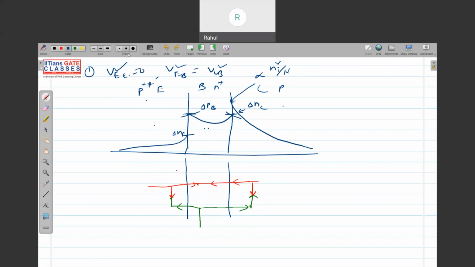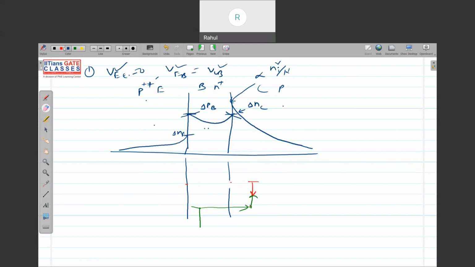It's a simple approximation. And since this current is very, very small compared to this and this, and the concentration is very small, this also can be neglected. They are there, but they are very small. And since this is because of the concentration gradient, which is very small, this also can be neglected.